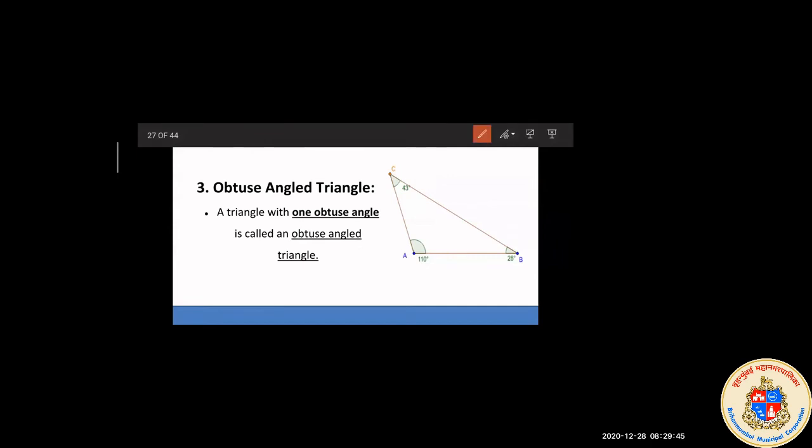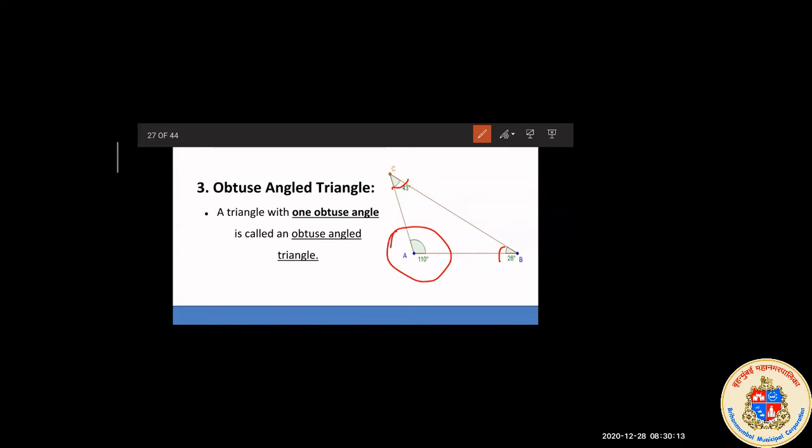this is a 43-degree angle, I can say it is an acute angle. This is a 28-degree angle, this is also an acute angle. But the third angle is a 110-degree angle, which is an obtuse angle, bigger than 90 degrees, so we will call it an obtuse angle. Any triangle which has one obtuse angle is called an obtuse angled triangle.